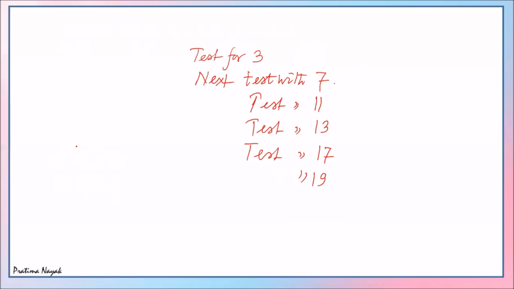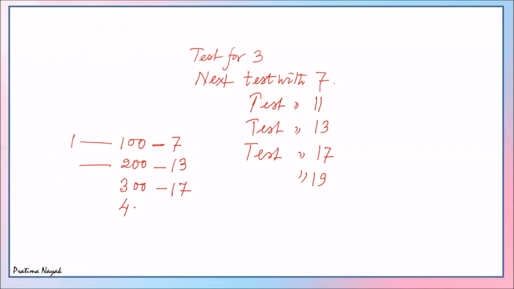If the number is 1 to 100, only testing with 7 is sufficient. If the number is up to 200, then you have to go up to 13. If the number is up to 300, then you have to go for 17.